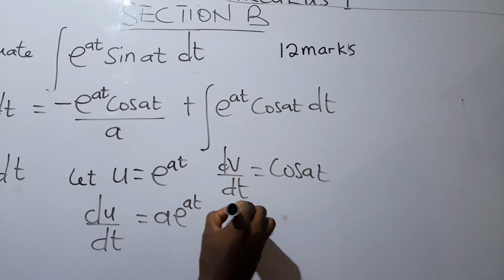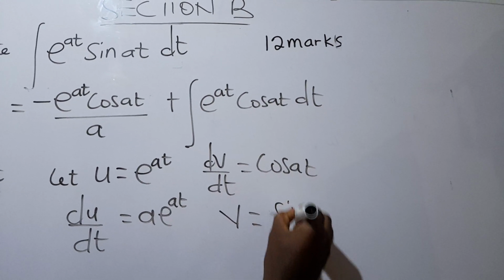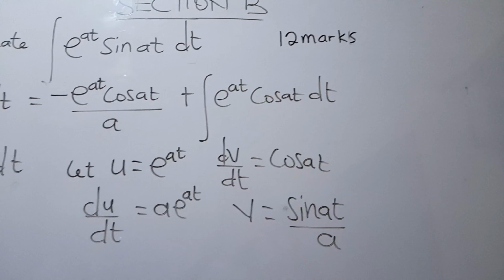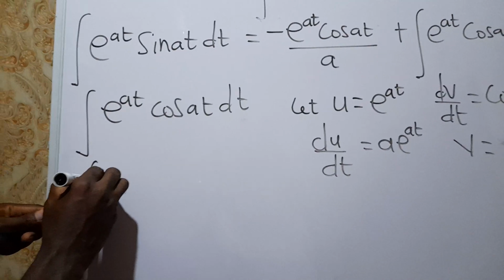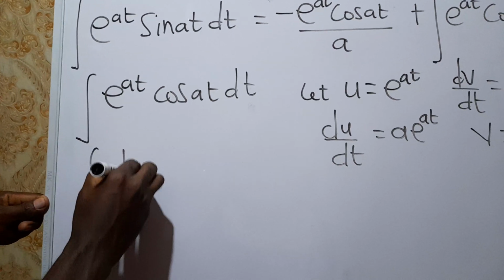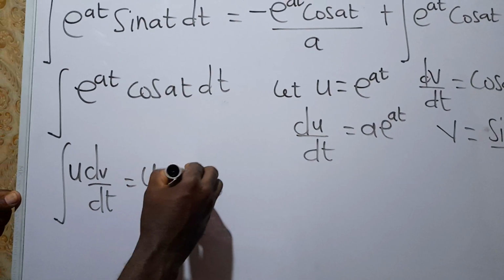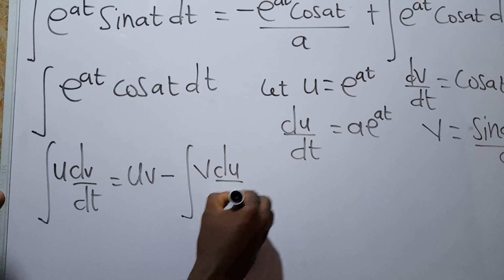And when we integrate this to get v, v will be equal to sin(at) over a. Now remember integration by parts, which says that the integral of u dv/dt is equal to uv minus the integral of v du/dt.